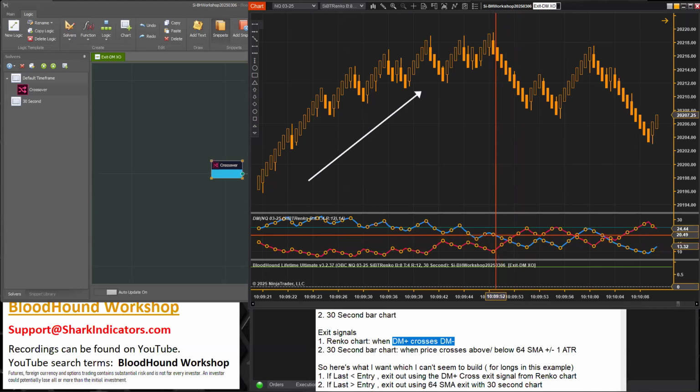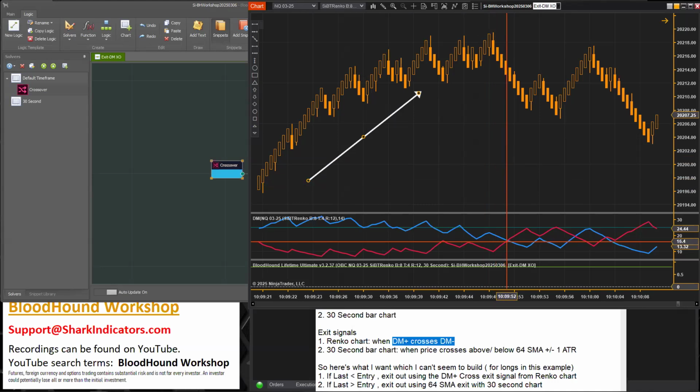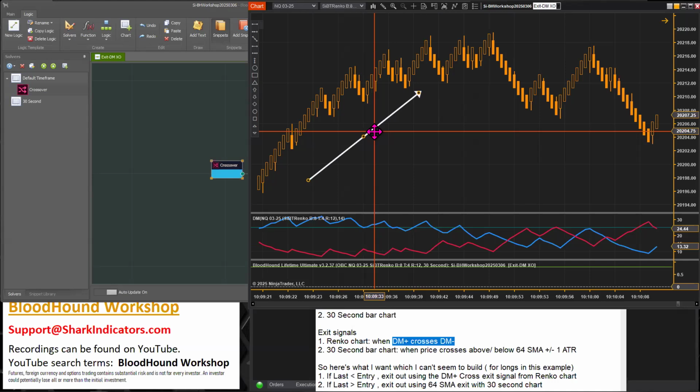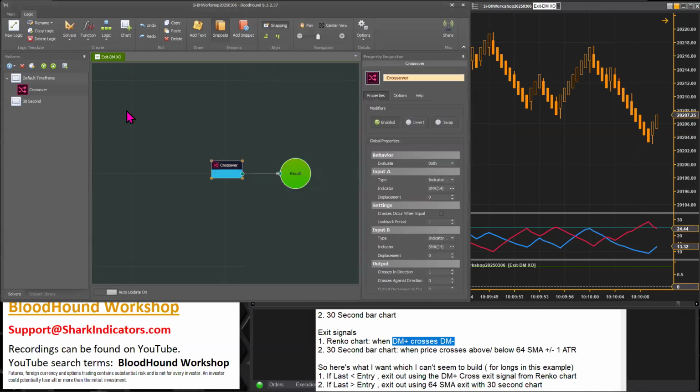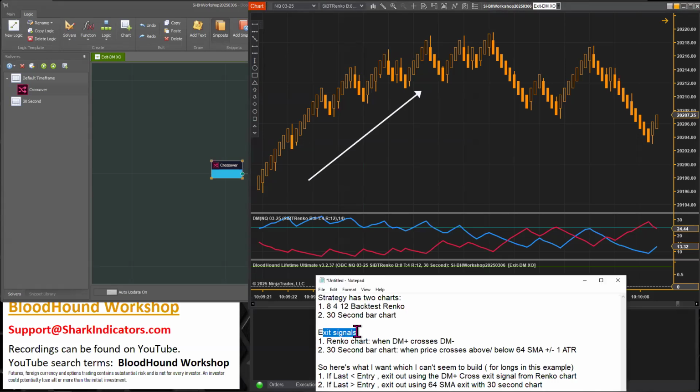If you're in a long trade, a short exit signal is used to exit long trades. If our exit signal is a long signal, it will not exit long trades. Only a short exit signal exits long trades, so we need an exit signal in the opposite direction of the trade.